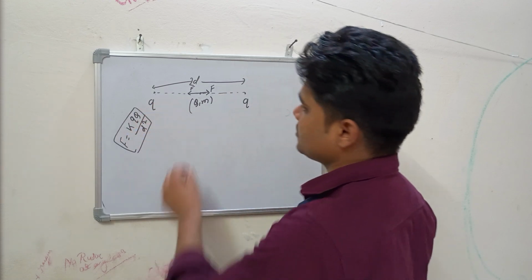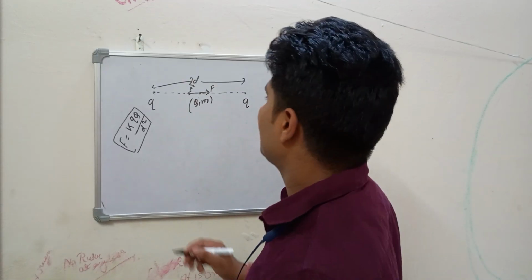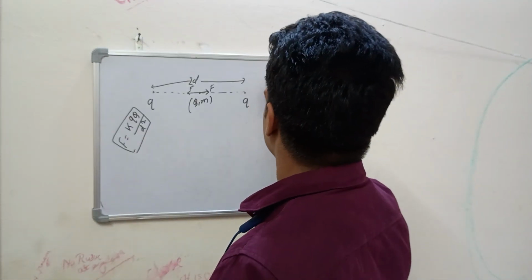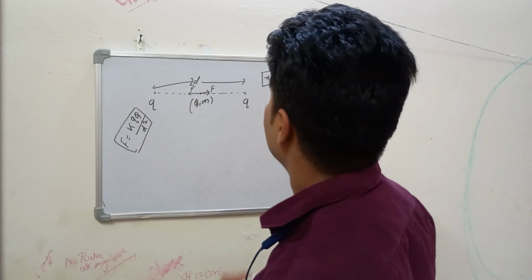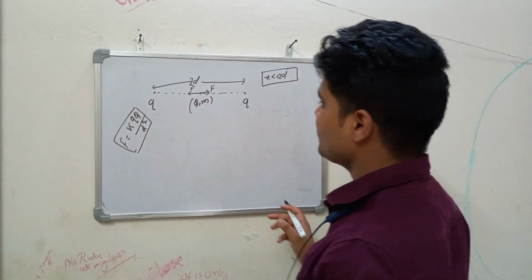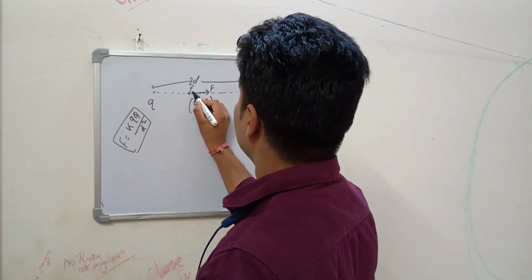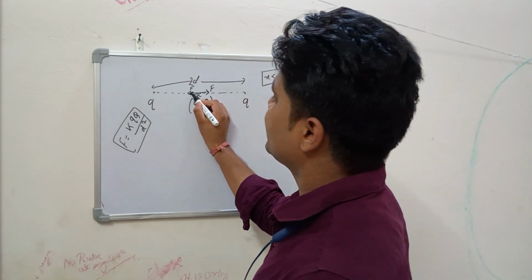Now let us suppose we move this charge by a small distance x. Small means x is very less than d, or you can say 2d.